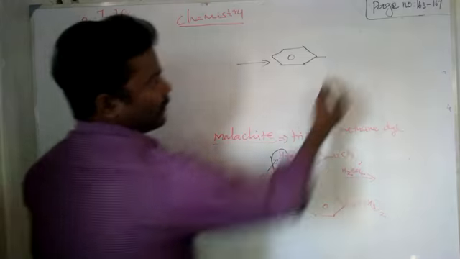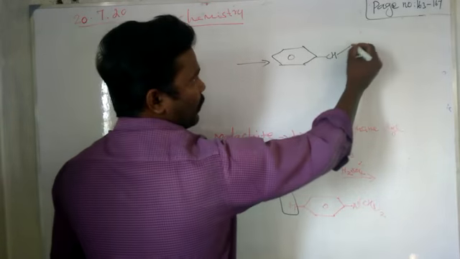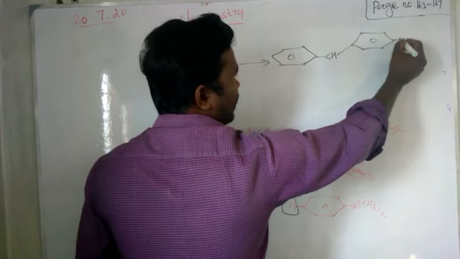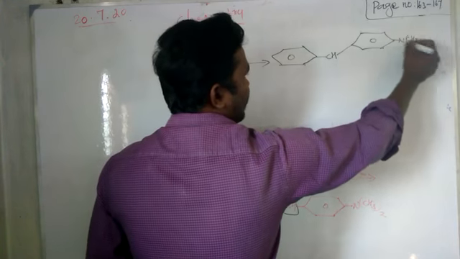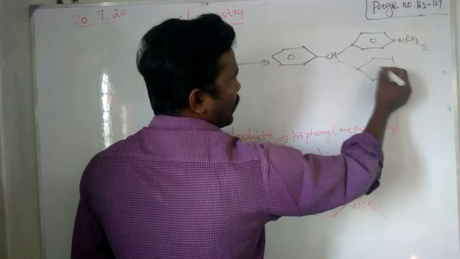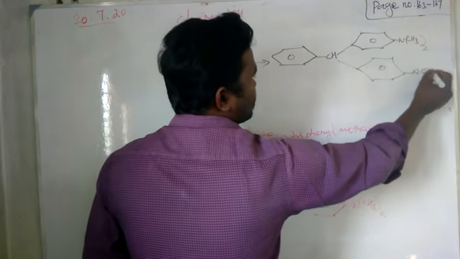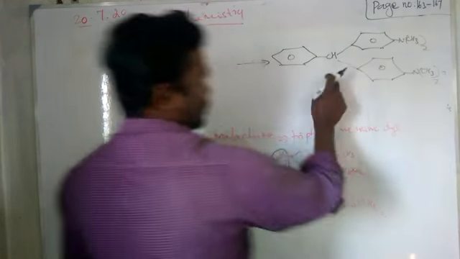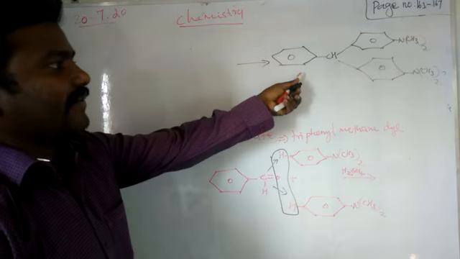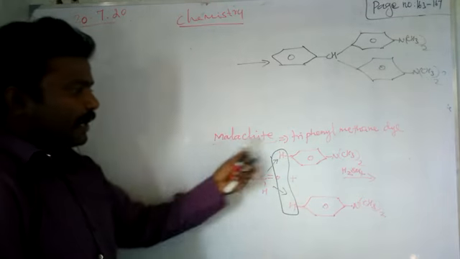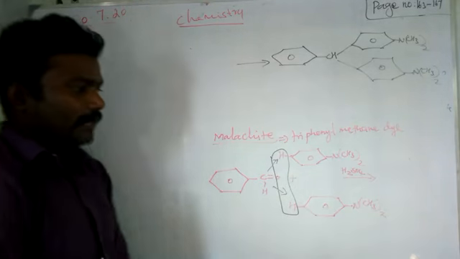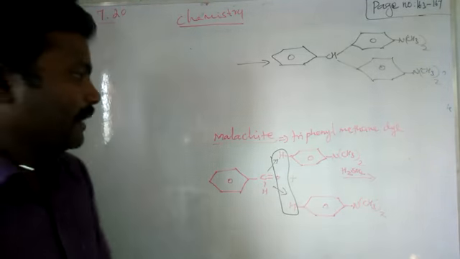Here the carbon has one bond with another benzene ring which has N(CH3) twice, and here also a similar ring with N(CH3) twice. This is called malachite green, which has a green color. So we can say malachite green or triphenyl methane dye. Okay, the catalyst also you have to remember.